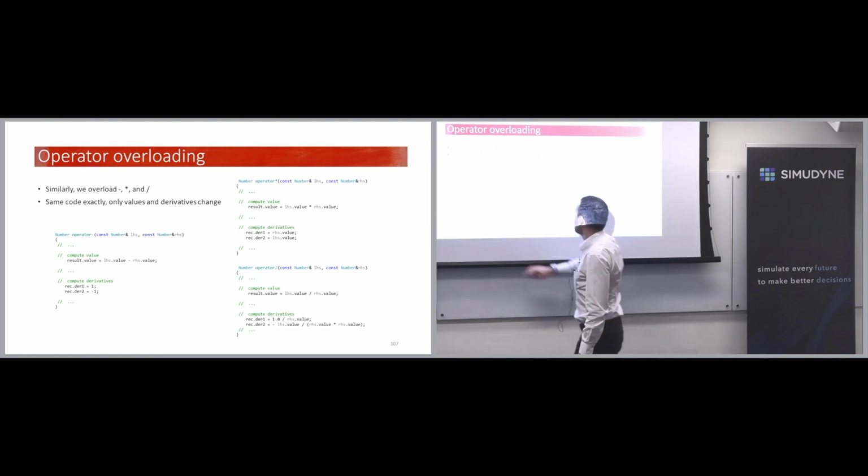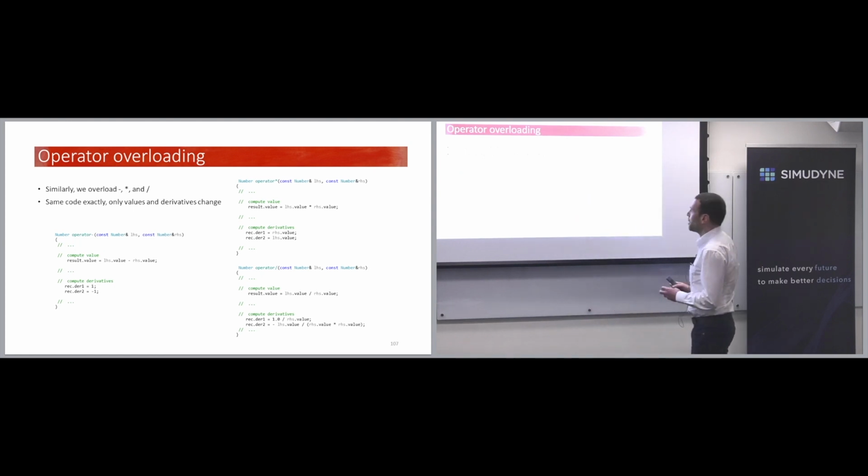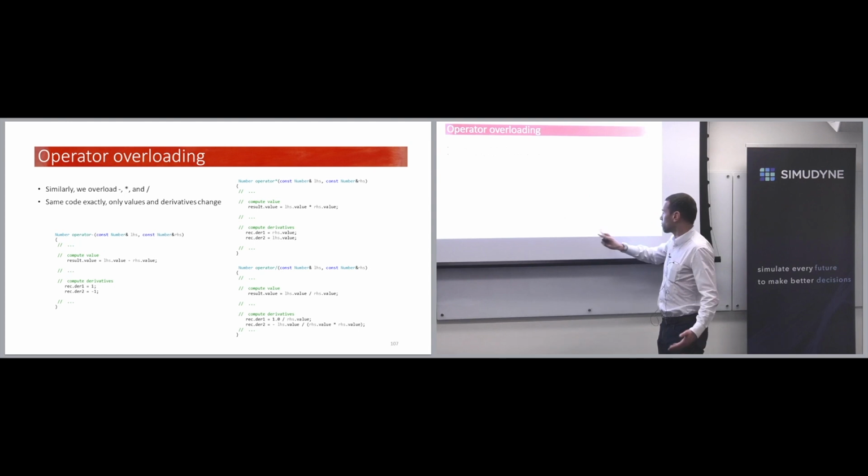Yes? Operator times, the value is the multiplication of the argument's values. The derivative of the right-hand side is the left-hand side. The derivative of the left-hand side is the right-hand side. We have the same thing for the division.